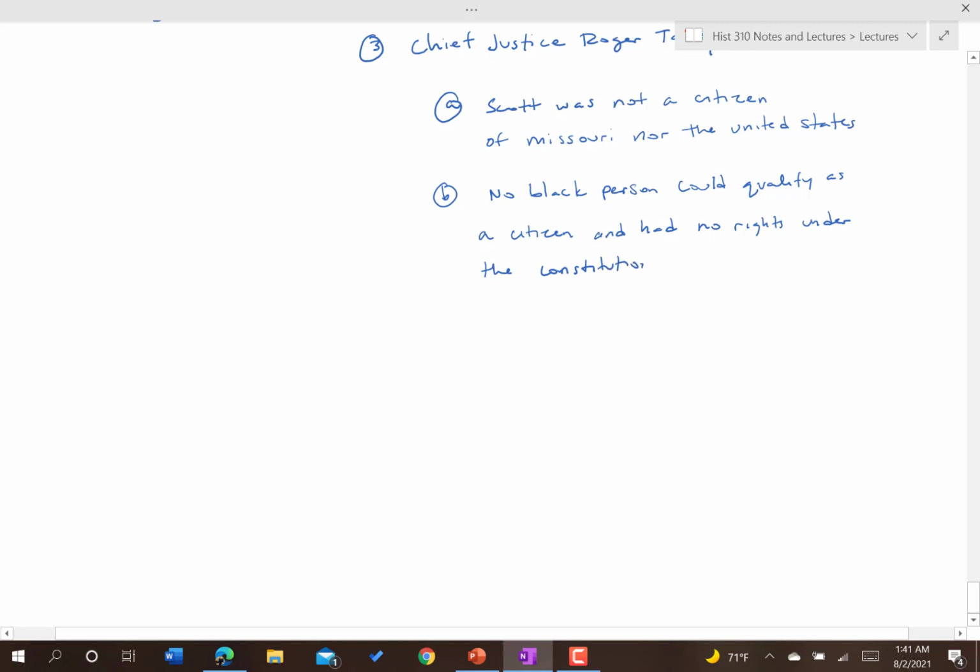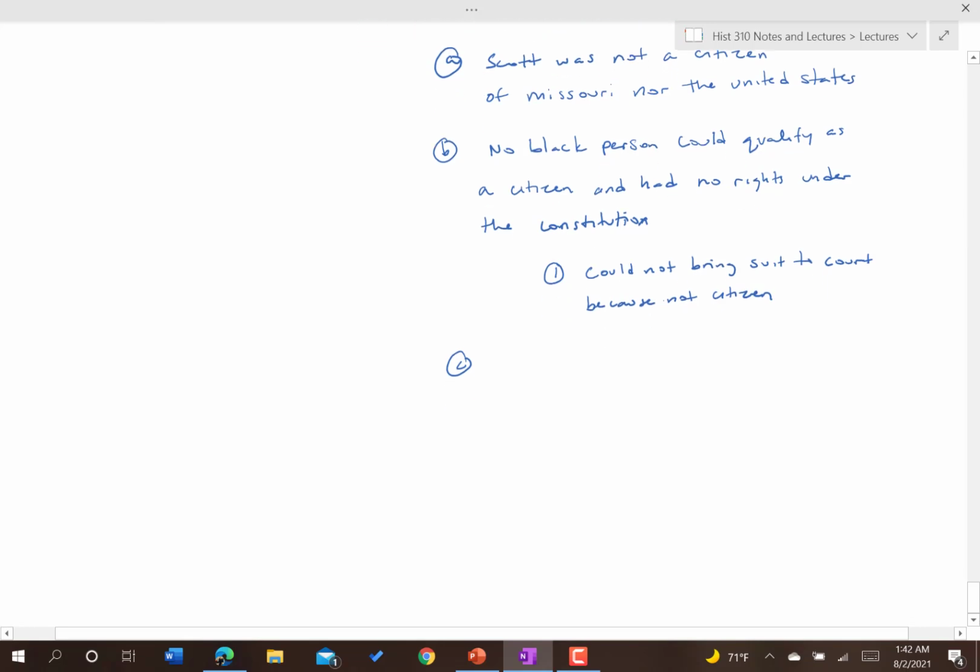So technically from this, what they were saying then is, Scott can't even bring suit to the Supreme Court. I'll put that under here. What the consequence of this is, could not bring suit to court because not a citizen. And what it's saying, though, is also that no black person, free or slave, can take anything to the Supreme Court to challenge what's going on because they're not a citizen and they have no rights.